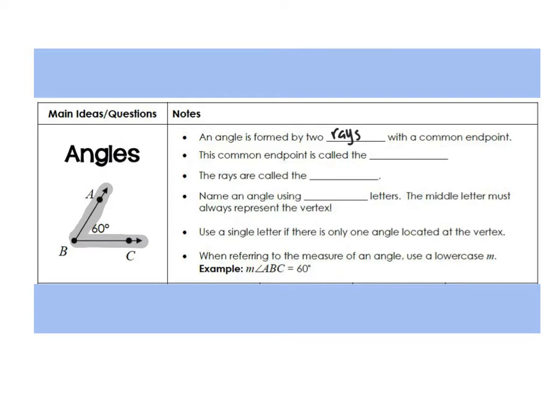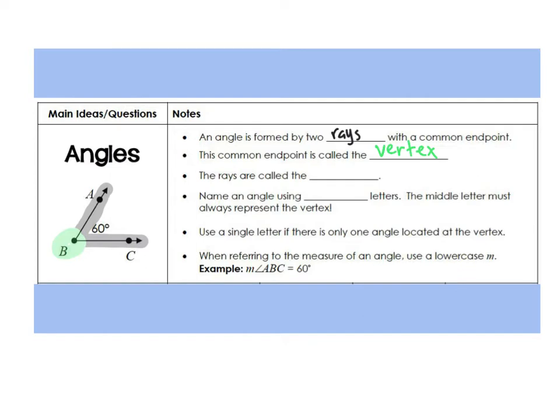Those are known as rays. The next one says this common endpoint is called the blank, and we're talking about right here where they meet. That is known as the vertex. Whenever someone references that, that's what they're talking about.